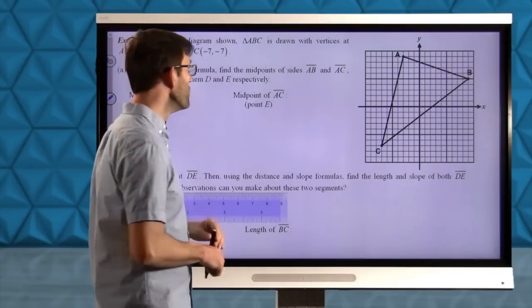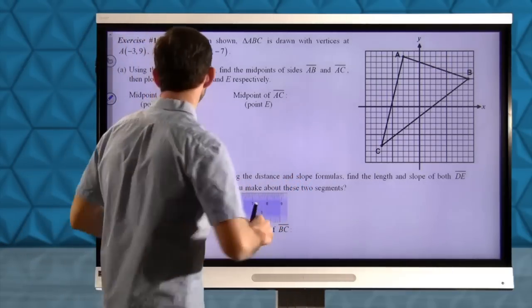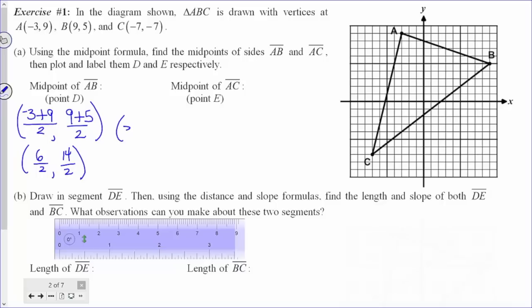All right, let's go through it. Remember, the midpoint formula is just averaging the x-coordinates, averaging the y-coordinates. So for AB, the midpoint we'll find by doing -3 plus 9 divided by 2, and 9 plus 5 divided by 2. That's going to be 6 divided by 2 and 14 divided by 2, and that's going to give us a midpoint at 3, 7.